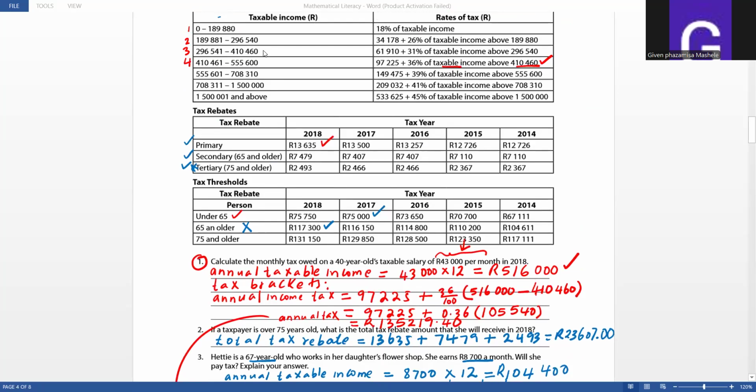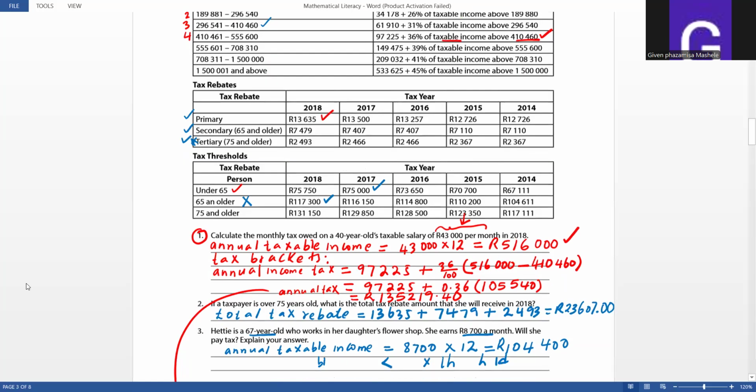Let me just try to copy this, on this amount here. Then now I can discard this one.